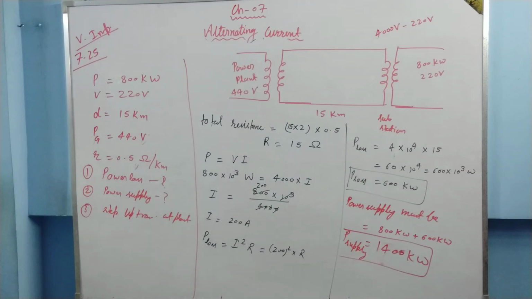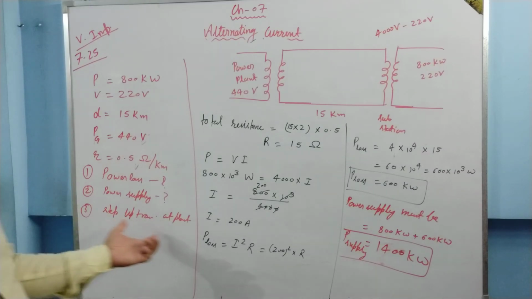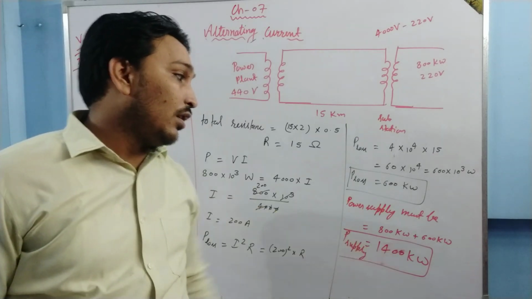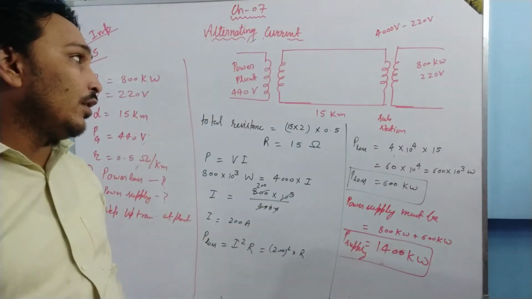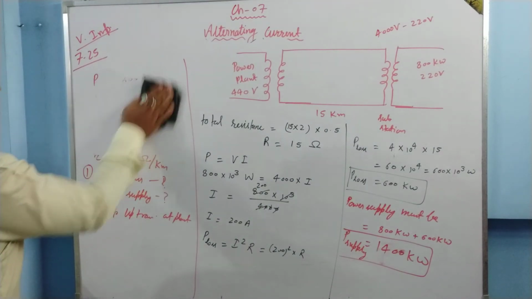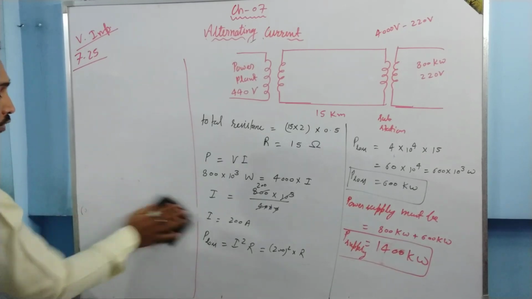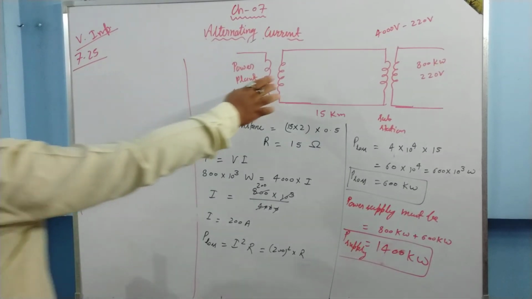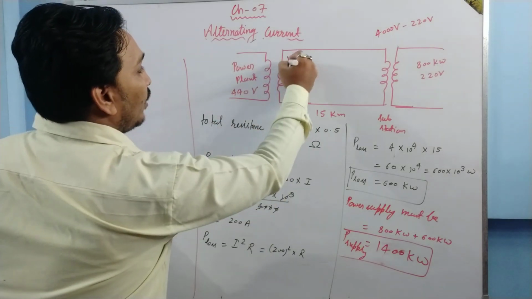Now the third is, what should be the step-up transformer here? So power we know, 1400 kilowatt. Current we know, it is 200 ampere. So what is the voltage over here? First two parts we have done. What should be the voltage over here?